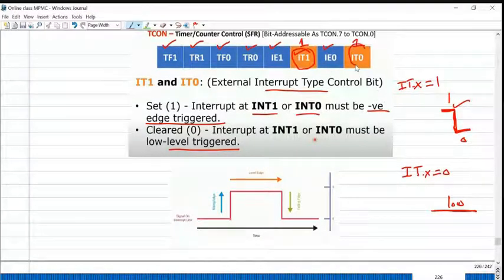To differentiate the external interrupt type, we use IT1 and IT0. If IT1 or IT0 is set to 0, a 0 on the particular external interrupt pin is recognized as the interrupt. If ITx equals 1, a 1 to 0 transition at INT0 or INT1 is recognized as an interrupt. Okay, so this is the function of the timer counter control register.